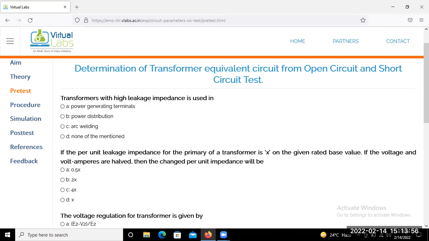Okay, so that is the per unit value. So we will convert this value to some particular base MVA and volt ampere rating. So if half, then you have to convert how much this X is. Okay. So you maybe know the formula.